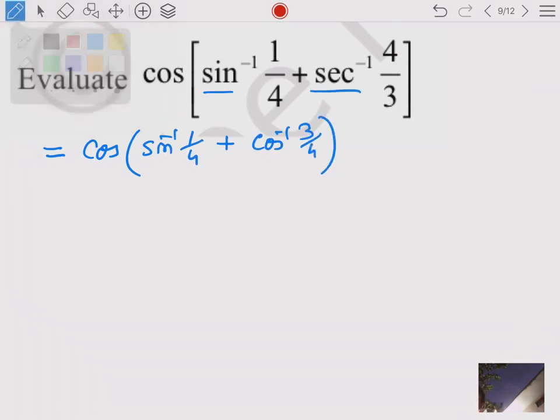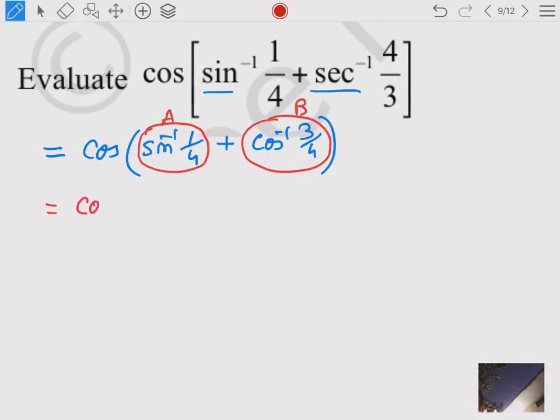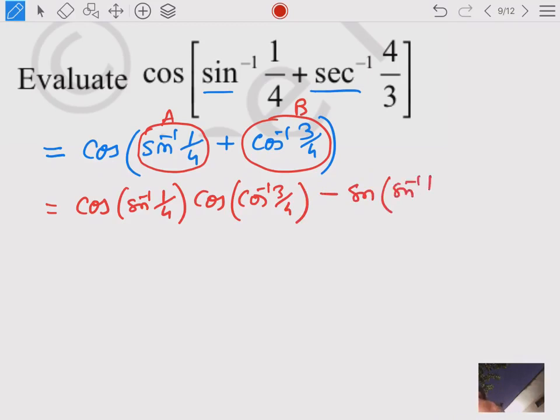Now students, for this, suppose this is A and this is B. Then use the identity for cos of A plus B. So now it will be cos A, cos of sine inverse 1 by 4, cos B means cos of cos inverse 3 by 4, minus sin A, sin of sine inverse 1 by 4, sin B, sin of cos inverse 3 by 4.